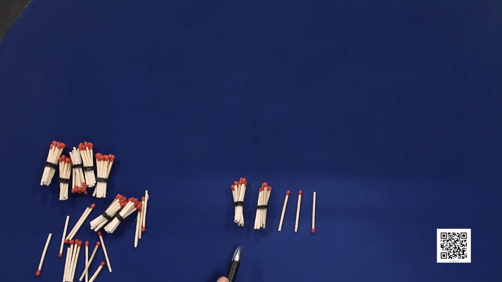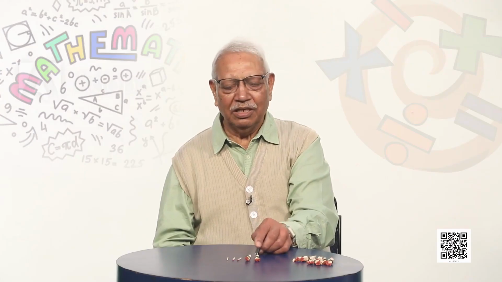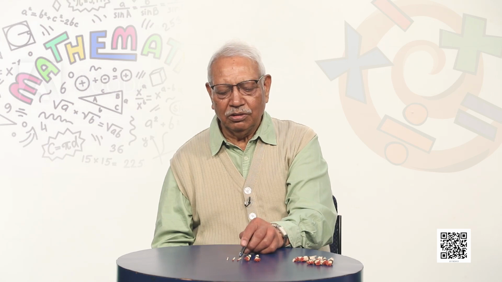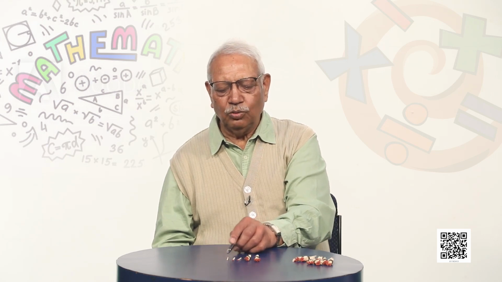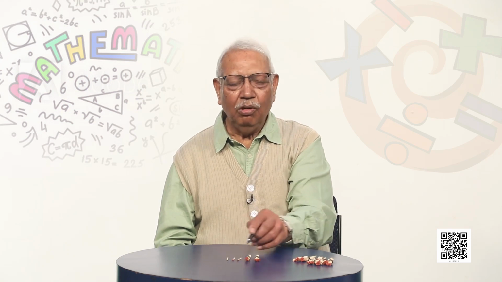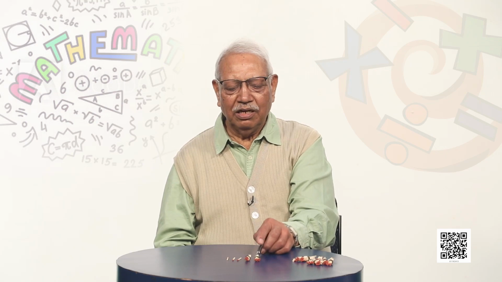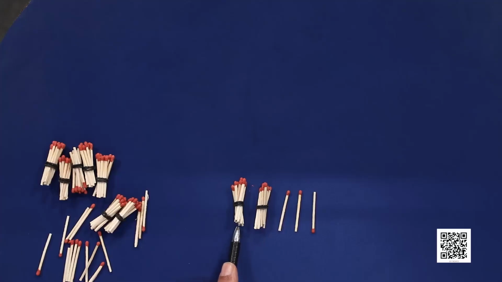You will say yes, there are 2 bundles of 10 sticks, and there are 1, 2, 3 loose sticks. So, it means we can say there are 10, 20, 21, 22, 23 or 23 sticks.